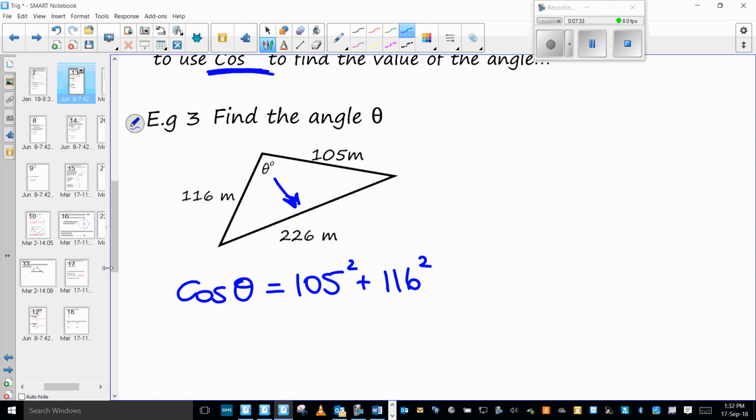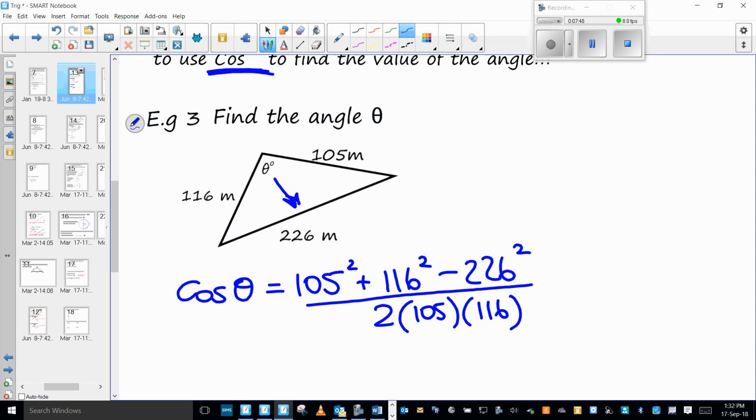Take away 226, over 2 times 105 times 400. Can you see how you don't need to label stuff as long as you're remembering that the subtraction is the length opposite the angle?